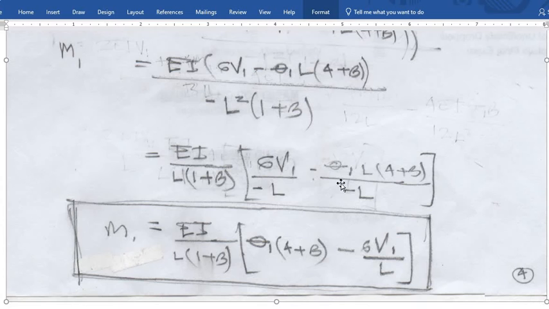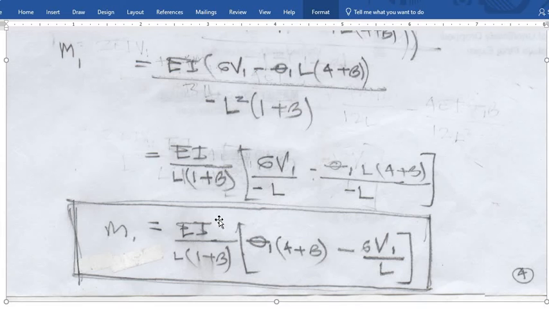And then, we isolate the displacements. Take note that our displacements are V1 and the rotation theta 1. V1 is the vertical, and theta is the rotation. And then the constants, or those based on section properties, elasticity, moment of inertia, and beta, we take out as much as possible. Okay?